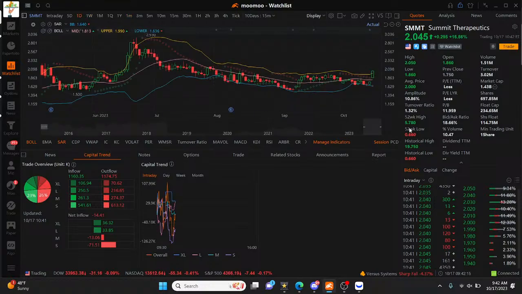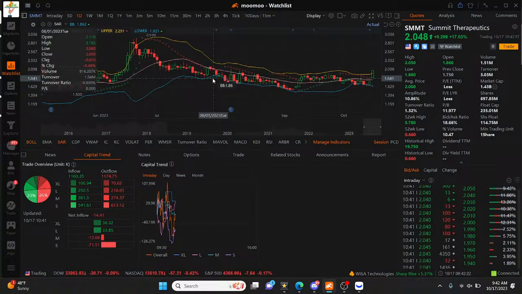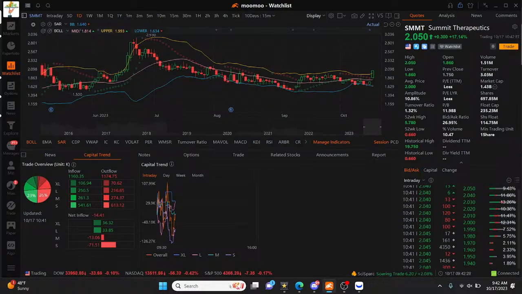And we are here at that. Bam. SMMT. I think this is going to 220. I think we may see this thing go to 220, then retrace back down to $1.80 levels.